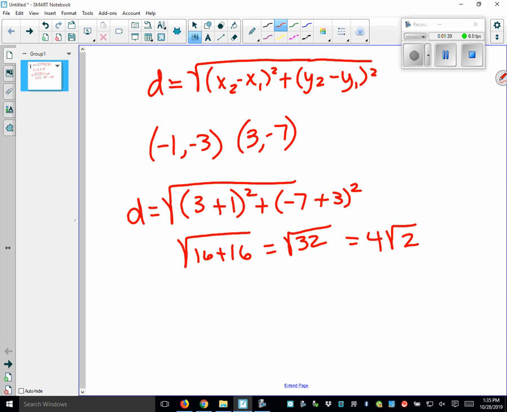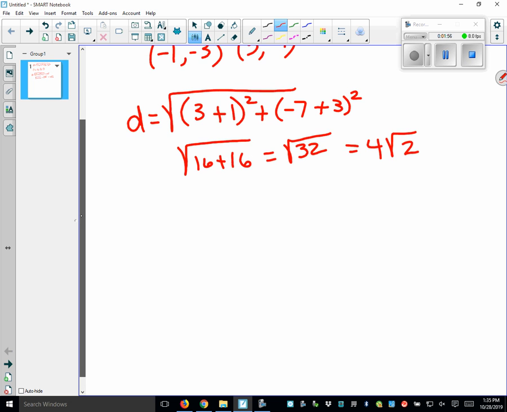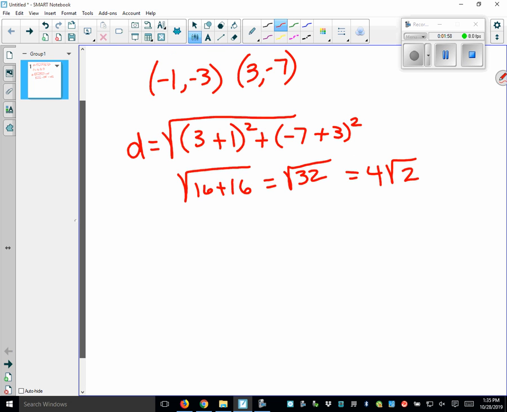All right? Now, midpoint. How do I get midpoint? Okay. So, same two points. Don't I have -1 plus 3 over 2 and -3 minus 7 over 2?